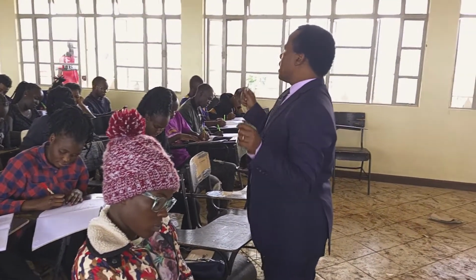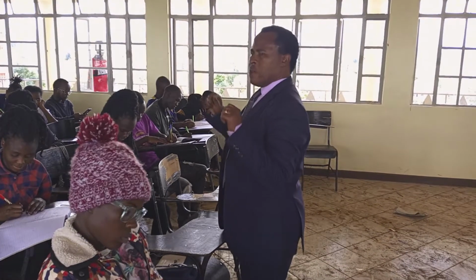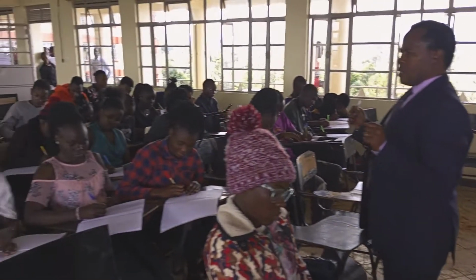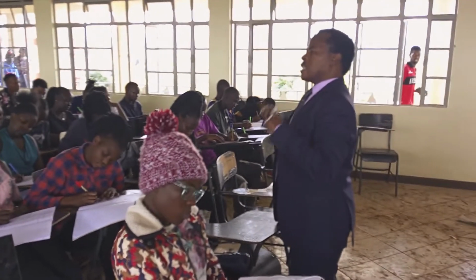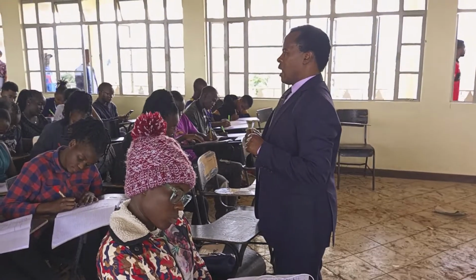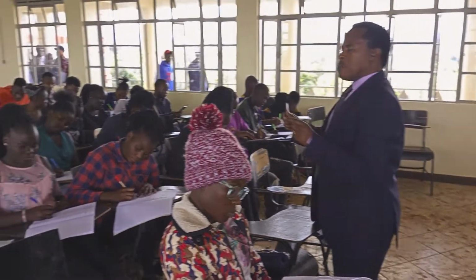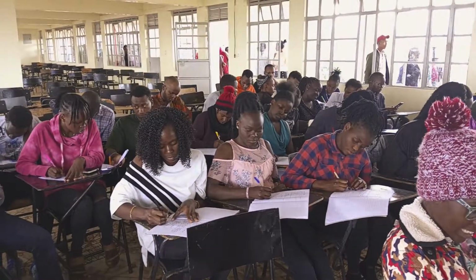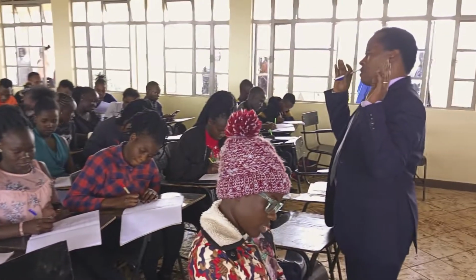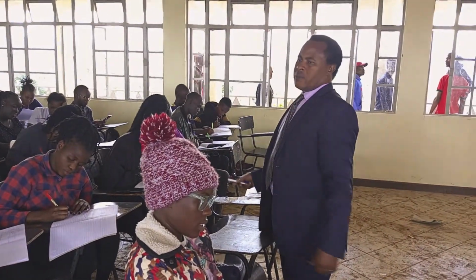Number two, decide where you can find that information. Number three, be able to retrieve that information. And number five, to be able to apply that information ethically without prejudice. You understand?